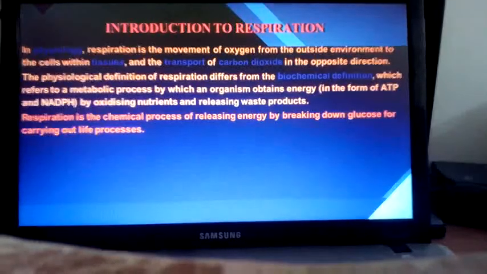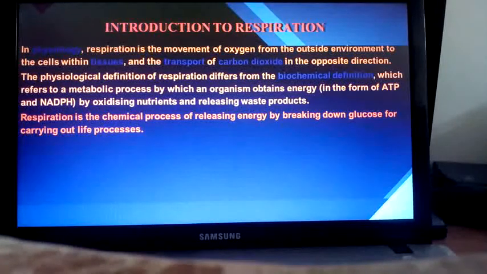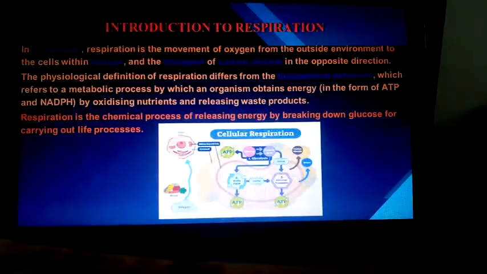On the whole, respiration is a chemical process of releasing energy by breaking down glucose for carrying out life processes. Got it? So, breaking down of glucose to carry out life processes. Underline this definition. Learn this definition, children.